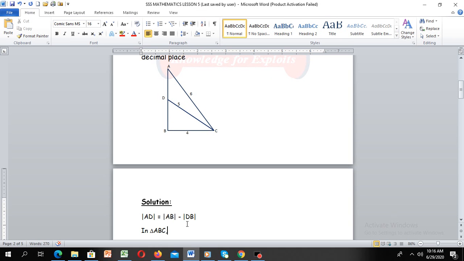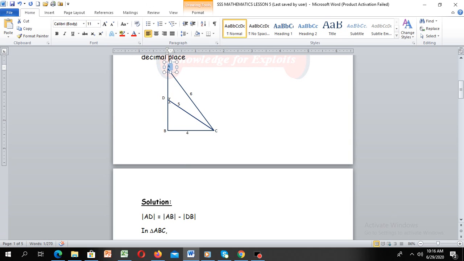The third triangle there is triangle ADC, which is not a right angle triangle, it's a scalene triangle. But we have two right angle triangles.